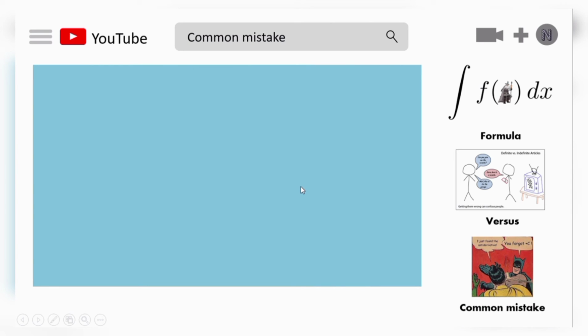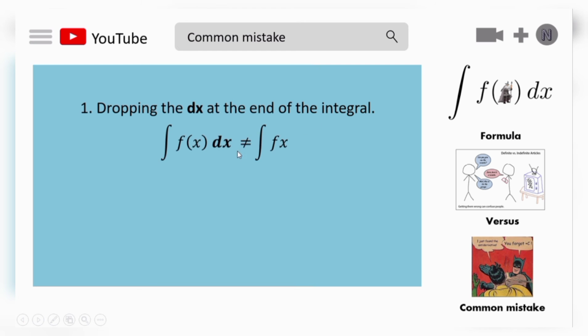Every time we do anything, there are common mistakes we need to watch for. First, dropping the dx at the end of the integral.